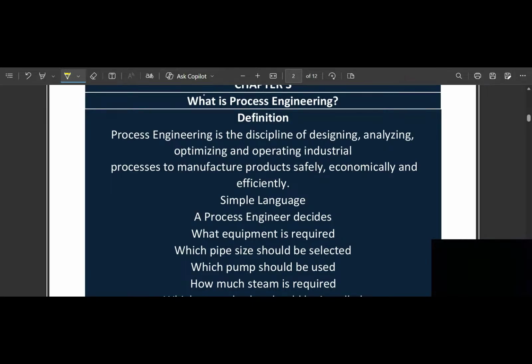We are discussing process engineering. Process engineering is the discipline of designing, analyzing, optimizing, and operating industrial processes to manufacture products safely, economically, and efficiently.